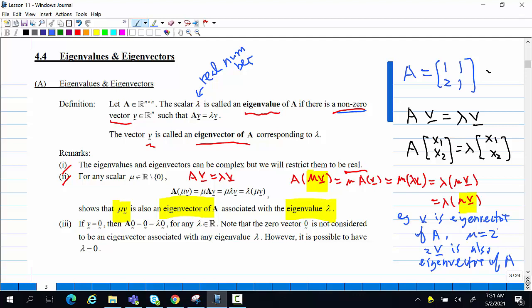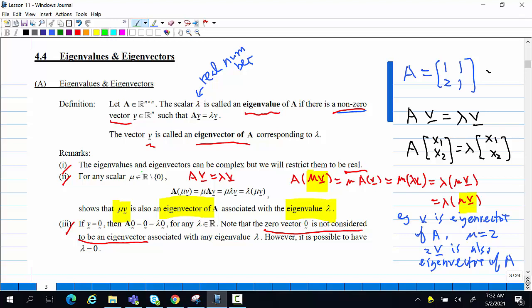Third point, we never consider the zero vector an eigenvector of A. This is because if V is 0, A times 0 is also 0, which is equal to lambda times 0. So it's obvious, and this is meaningless.